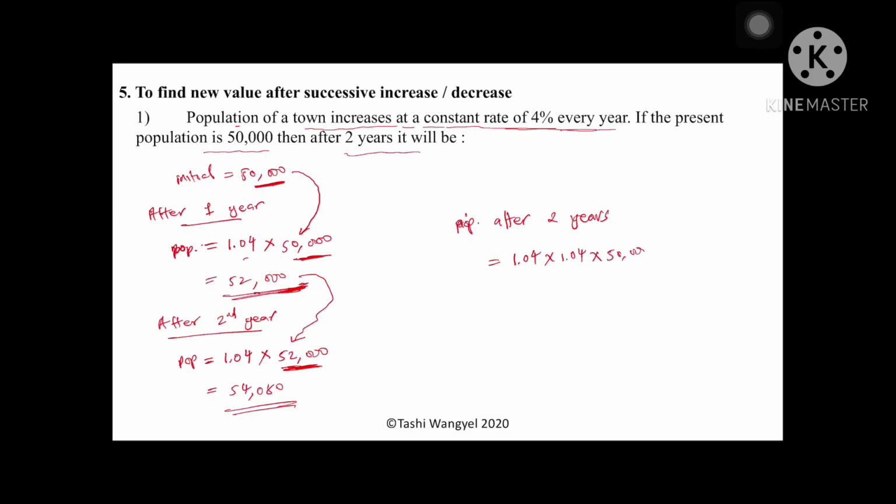So 4% increase times 4% increase for the second time, times the original initial number gives us 54,080, the population after 2 years.